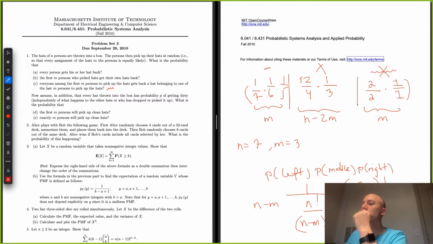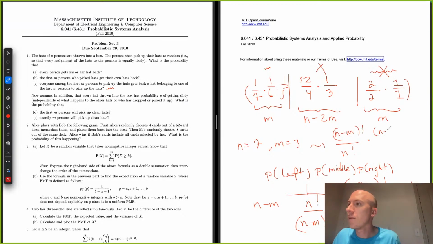Basically this factorial, and then you multiply by 1. So it's almost like simplifying this. This thing flips, so it'd be n minus m factorial over n factorial times this thing, which is n minus 2m factorial times, how do we simplify this?